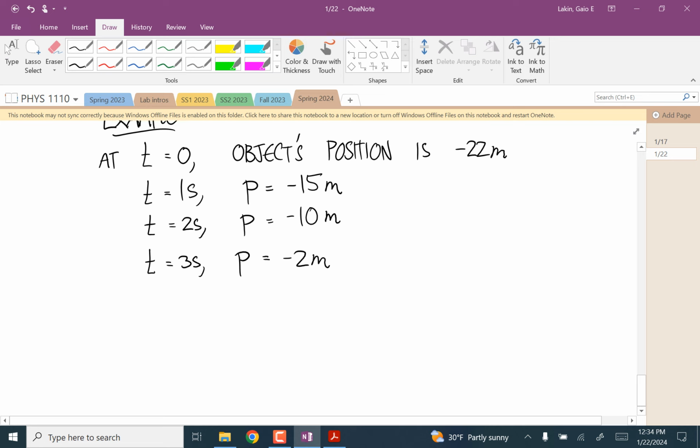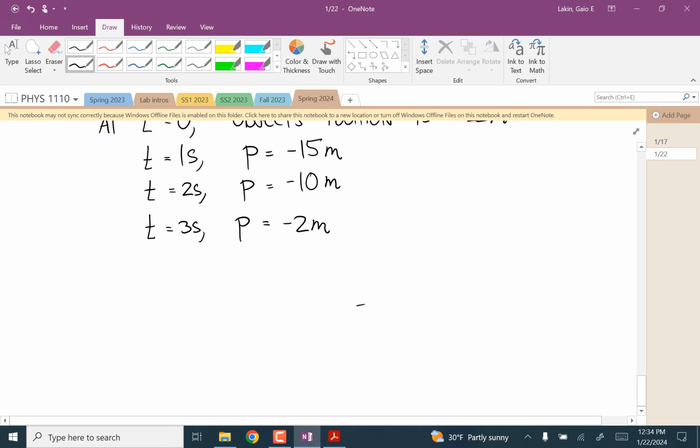So what would this look like on a position versus time graph? I'm going to just draw out a graph. Position is always going to be on the y-axis. Time is always going to be on the x-axis. And we're going to have times 1 second, 2 seconds, 3 seconds.